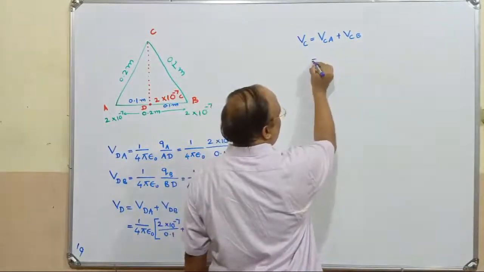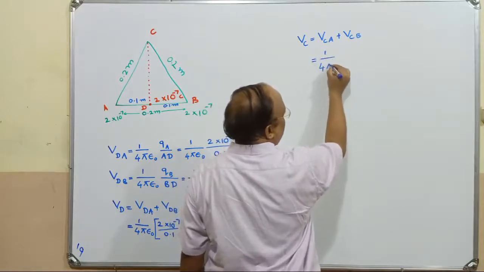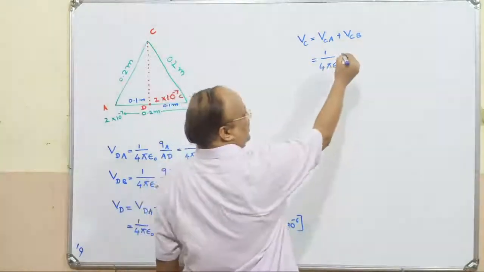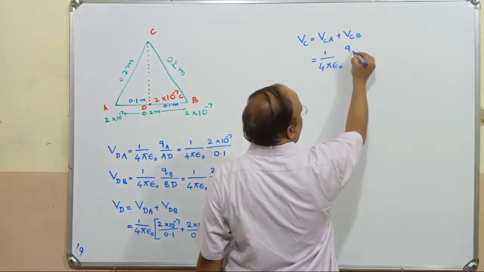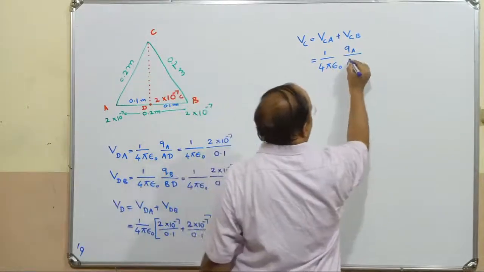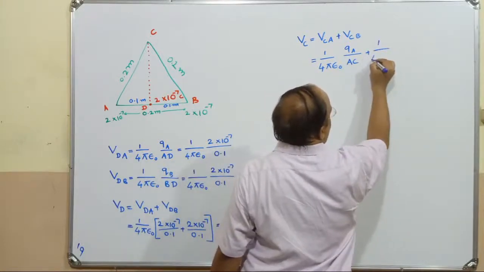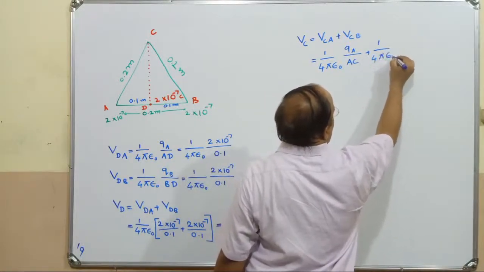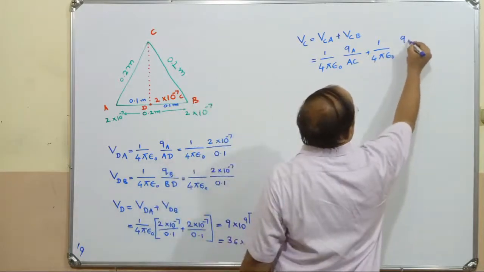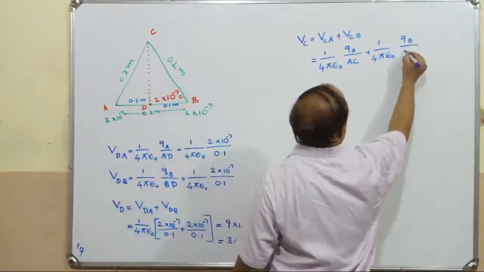This is equal to 1 by 4 pi epsilon naught QA divided by AC plus 1 by 4 pi epsilon naught, charge QB, QB divided by BC.